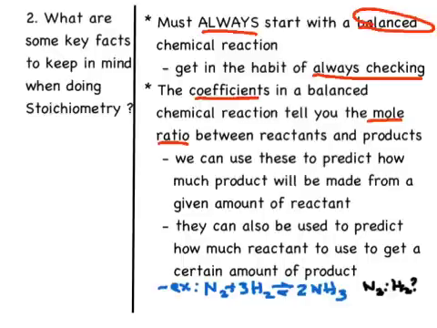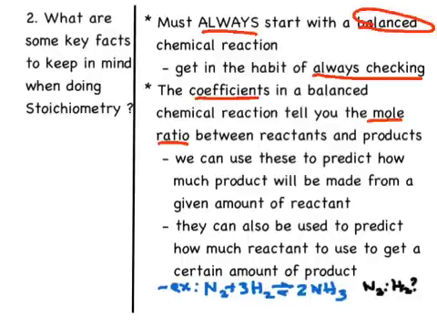Let's do one quick review of mole ratios. If we have this chemical equation, nitrogen gas and hydrogen gas making ammonia, what is the mole ratio between nitrogen and hydrogen?